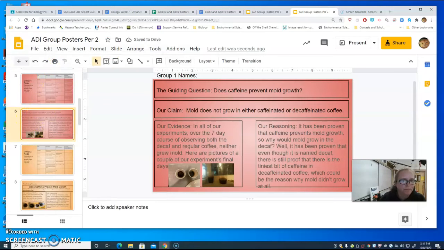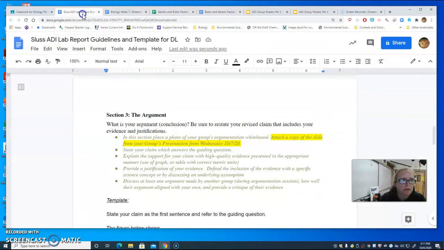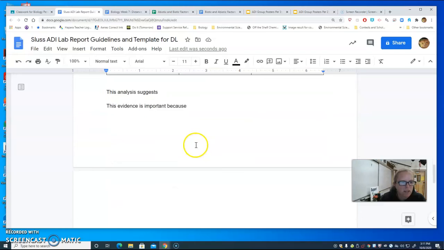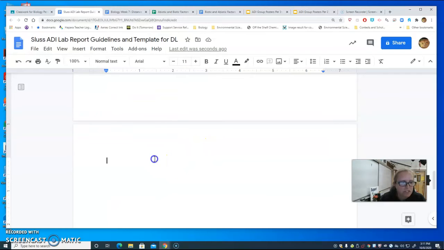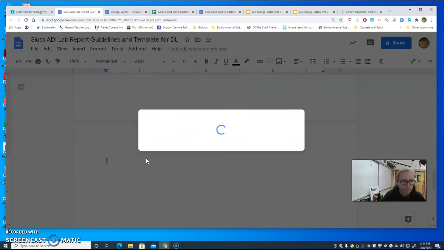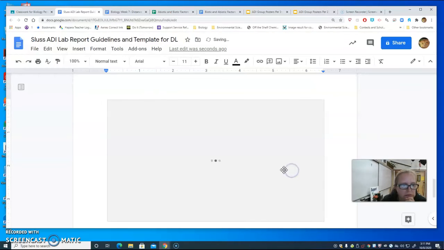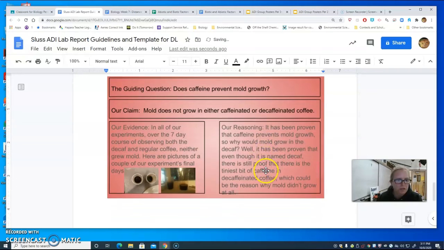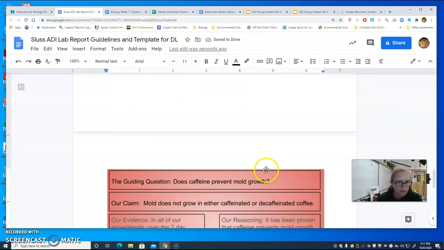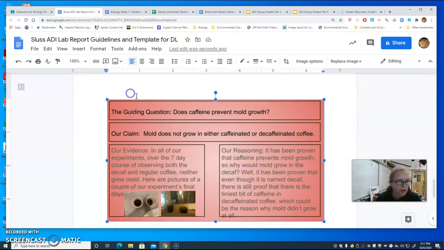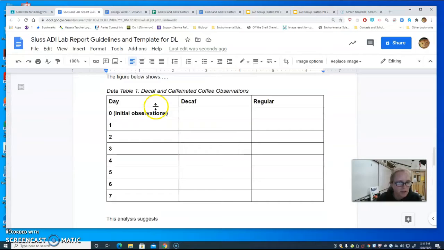Copy that. And I know that's going to go, let's just put it on this page because it's big, and let's see what happens. Paste, unlinked. Okay. So there's a picture of the board that you guys made. So you probably want to explain that to reference that, but I just put that in there for now.